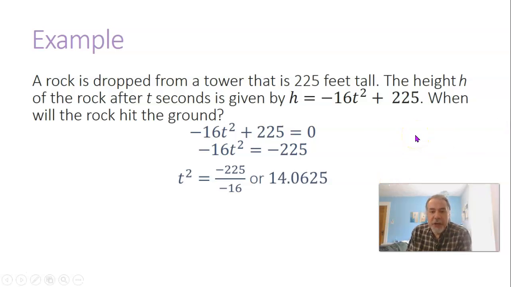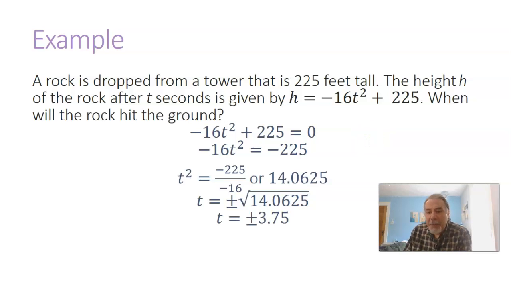Now we use the fact that when something squared equals a number, the something equals plus or minus the square root of that number. So t could be the positive or negative square root of 14.0625. And that, my calculator tells me, is 3.75. Now the equation actually has two solutions.